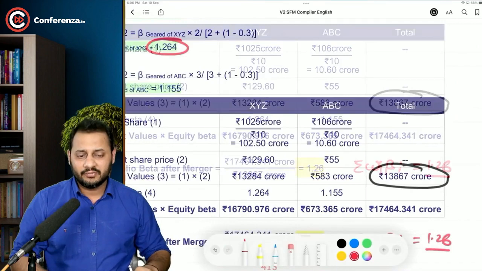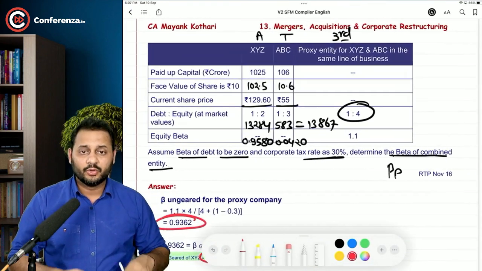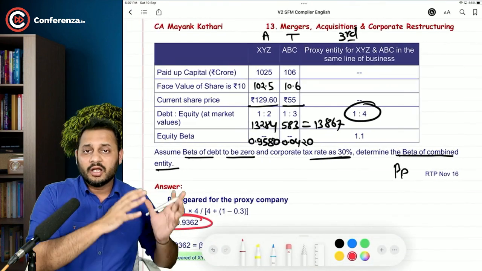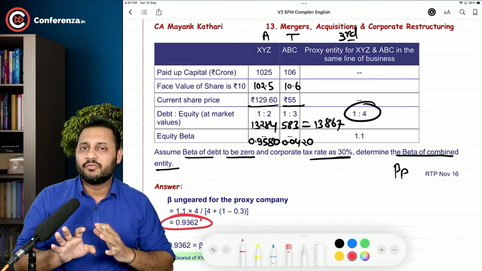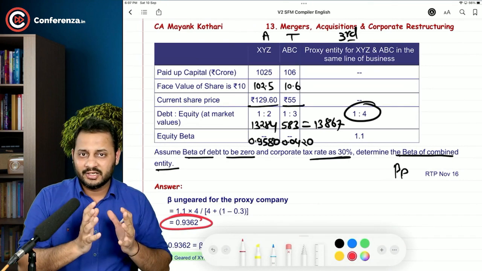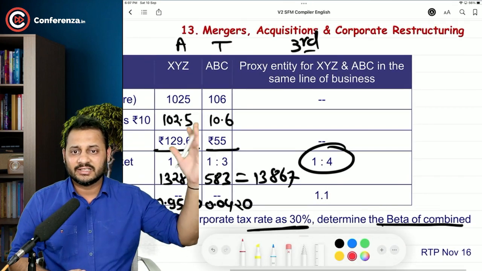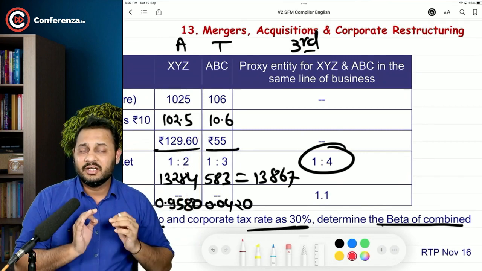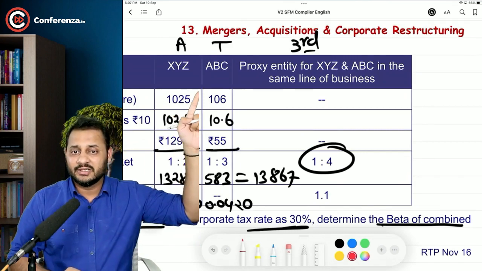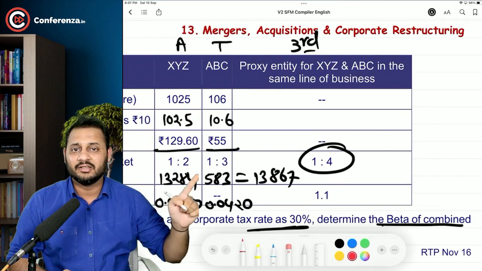The only thing that we had to do in this question is take the proxy beta and remove the debt impact out of it. Use the ungeared beta twice for XYZ and ABC. We needed the geared beta for XYZ and ABC in the formula because we had debt in the company.